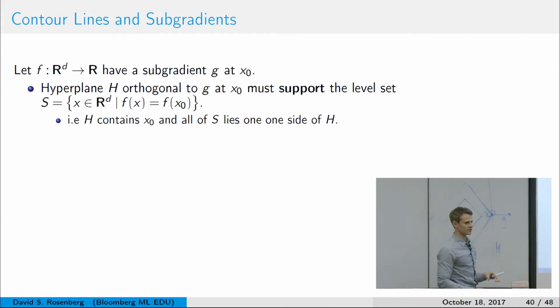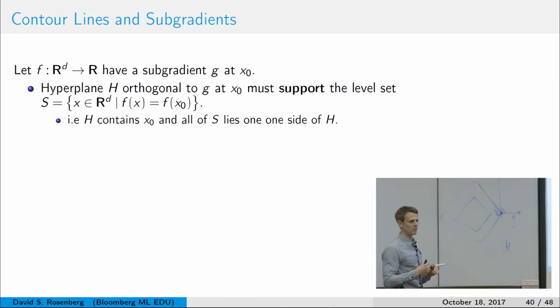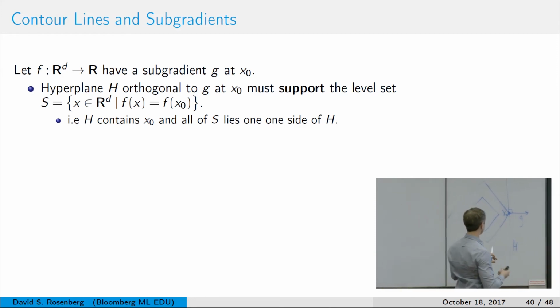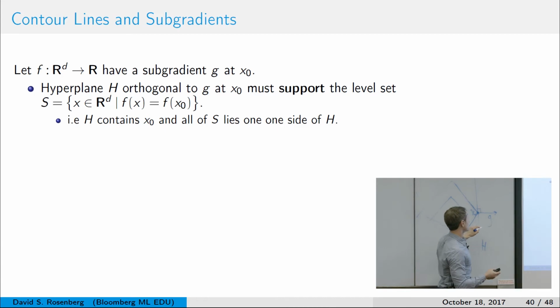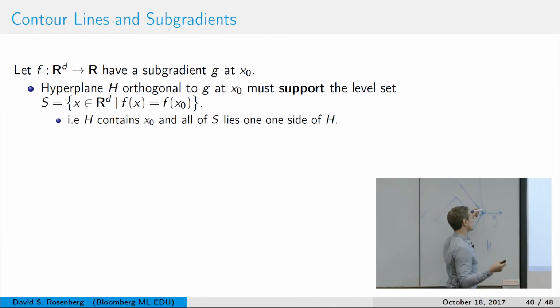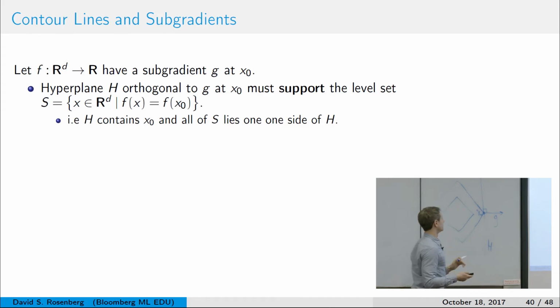It doesn't cross h. So that is a supporting hyperplane. All right? So what we could show is that the hyperplane corresponding to any subgradient g is a supporting hyperplane for the level set.